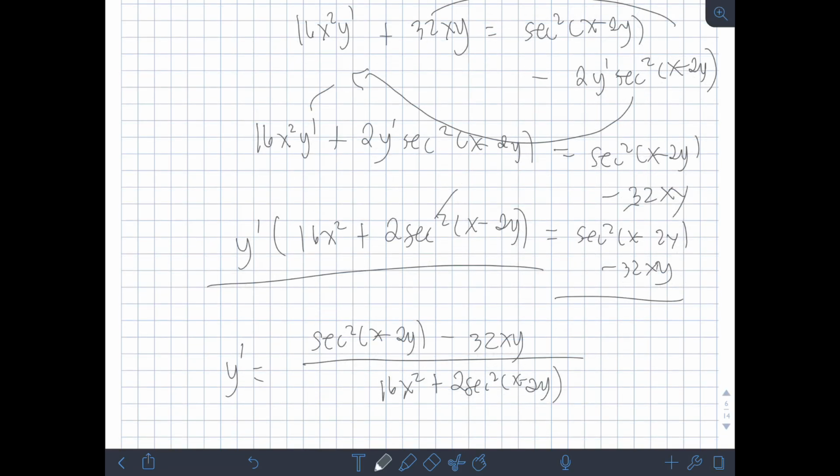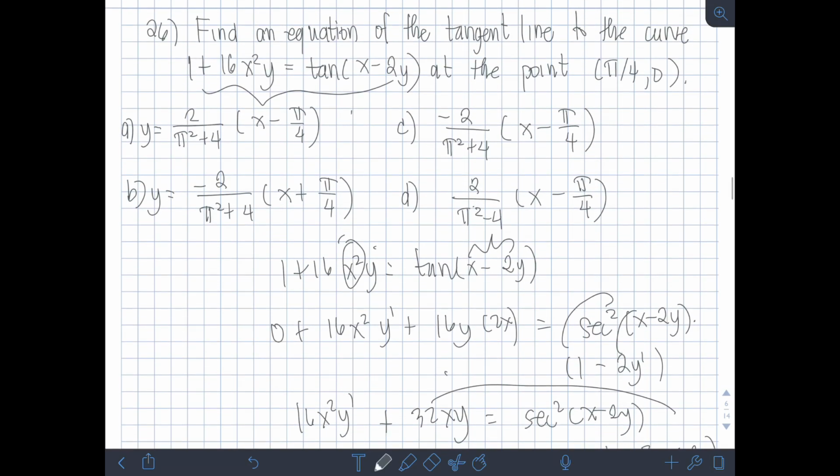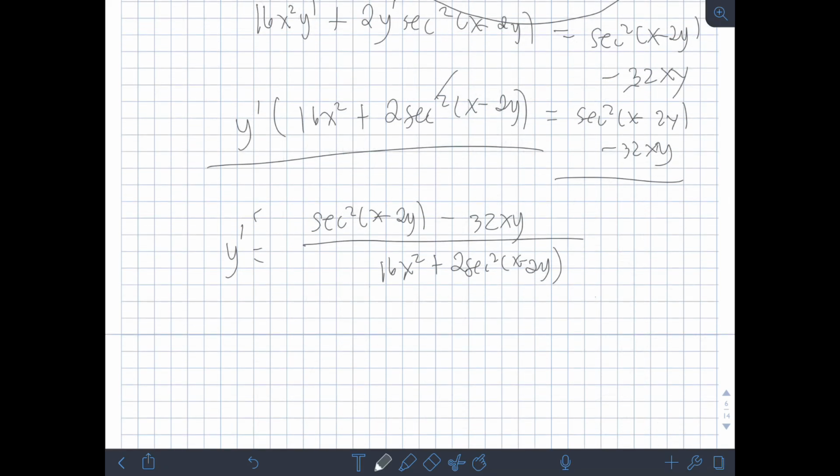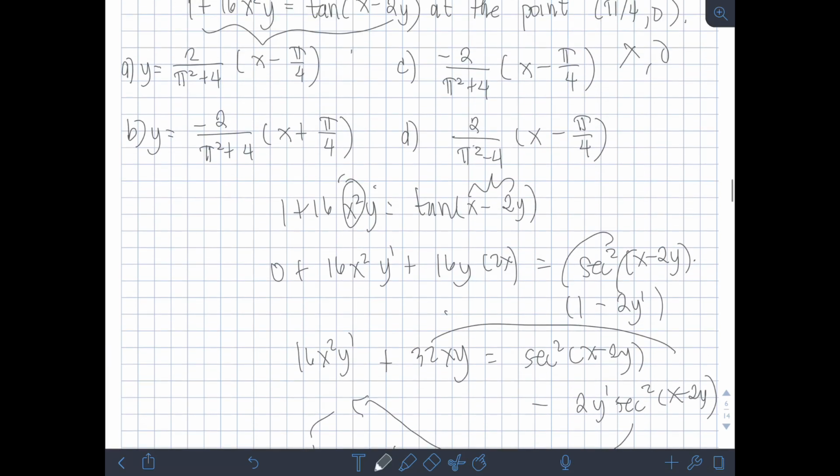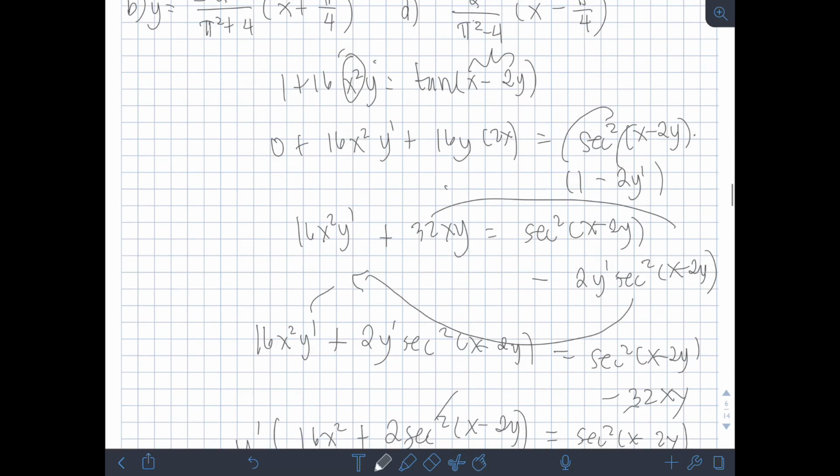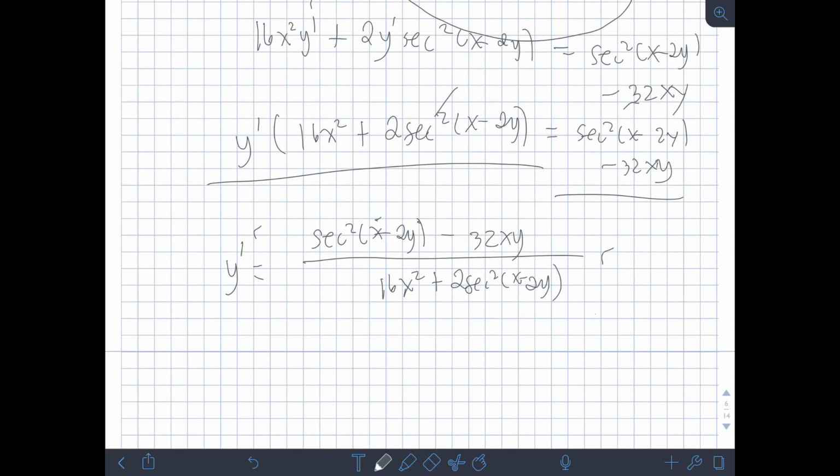Etong y prime, siya yung magiging slope natin. So, evaluate natin itong y prime using the given point pi over 4, 0. So, para ma-evaluate natin itong y prime or yung slope, substitute natin yung values ng x saka y, which is yung given natin na pi over 4, 0 doon sa ating nakuhang derivative na y prime.